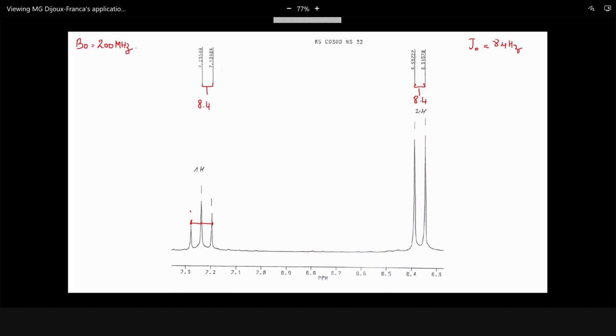So, what can I draw? How should I draw the proton on the structure?